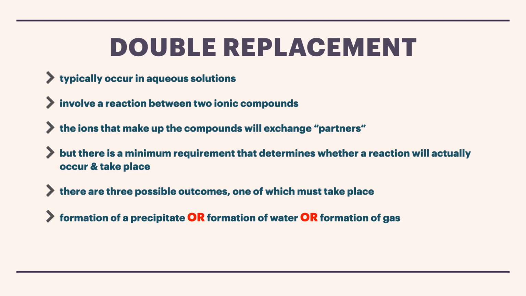We haven't seen that before. Or a third possibility, you get the formation of a gas. If memory serves me, when we did the grid experiment, one combination actually showed bubbles forming. That told us that the bubbles represented a gas, and that indicated that a reaction had indeed occurred. So let's look at these three possibilities and see how you would be able to complete the equation and write out a balanced equation.